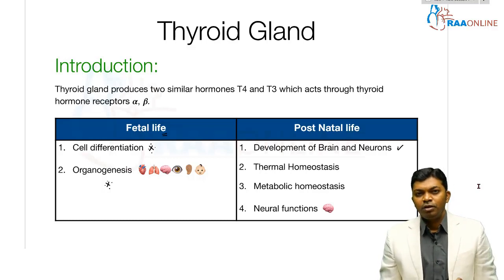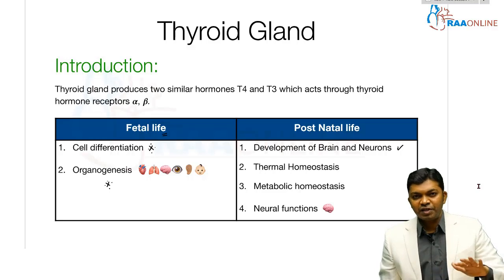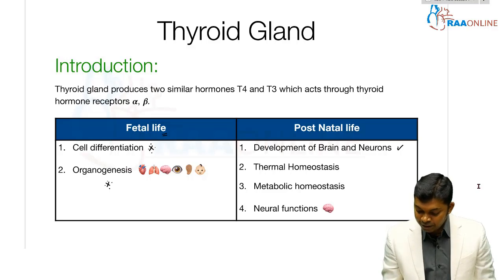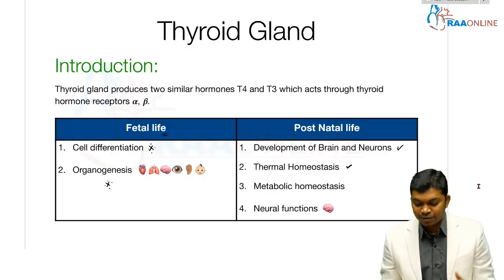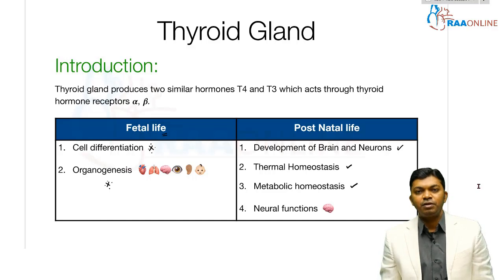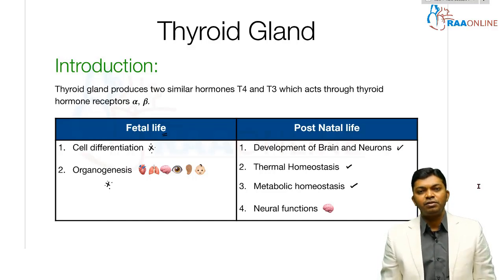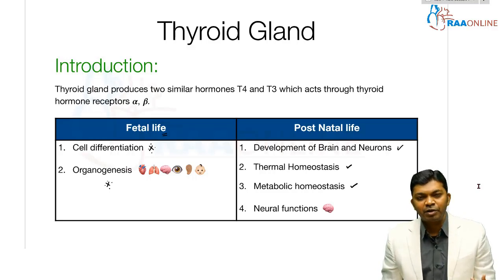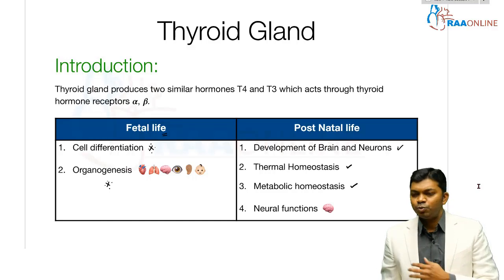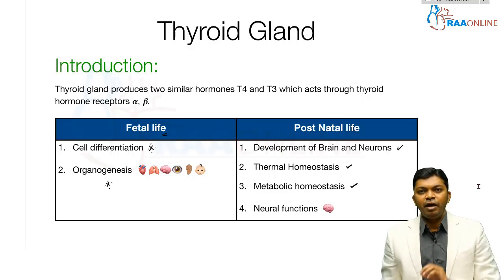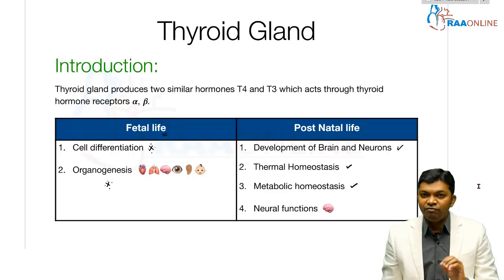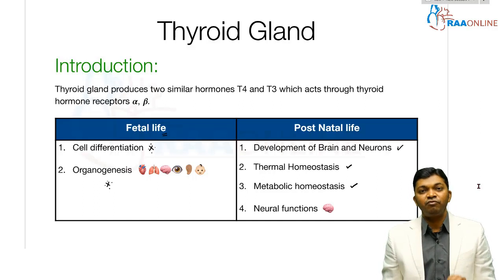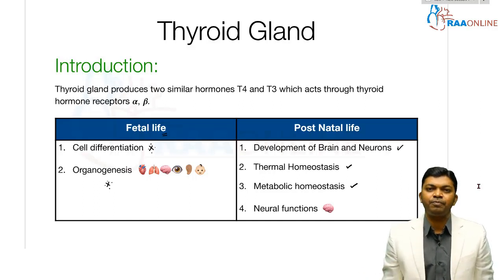Number two, thyroid hormone is critical for homeostasis, maintenance of normal physiological parameters, especially thermal homeostasis, body temperature, and metabolic homeostasis, individual metabolic reactions, which belong to carbohydrate metabolism, protein metabolism, fat metabolism, purines, pyrimidines, whatever metabolism you take, every metabolic function is influenced to a huge degree by thyroid hormones, and that's one of the very important functions of thyroid hormone in postnatal life.